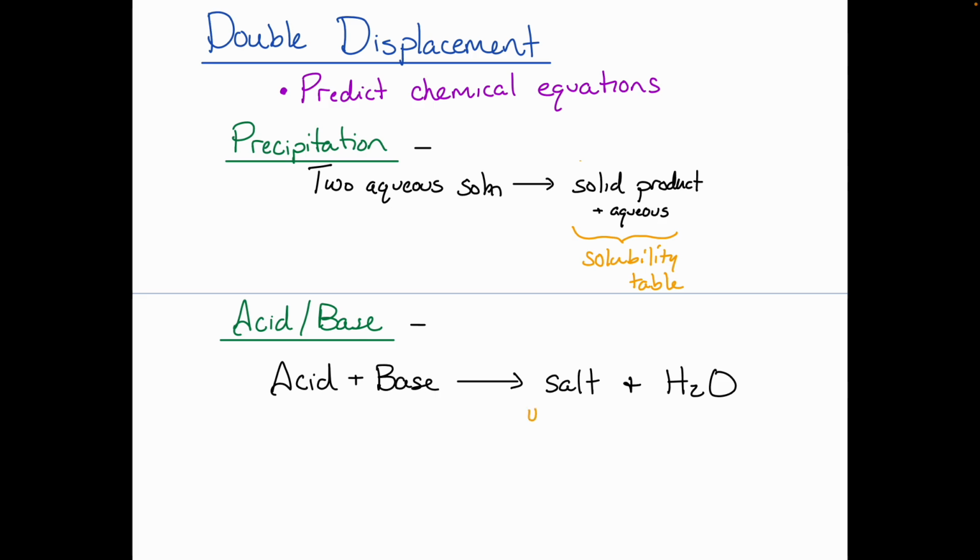All right, and that salt is usually an aqueous salt. We'd have to be good and look it up on our solubility table to be sure. But importantly, for an acid-base reaction, you always get that liquid water product.